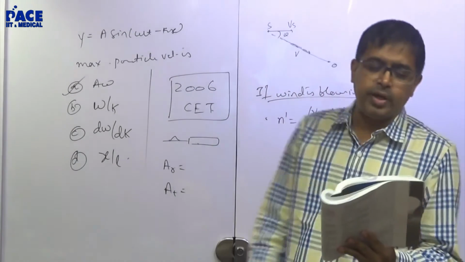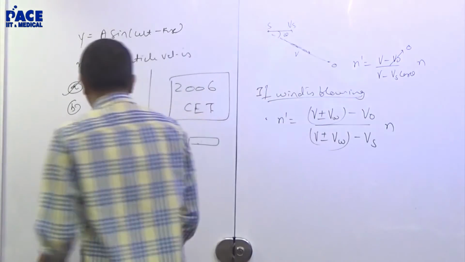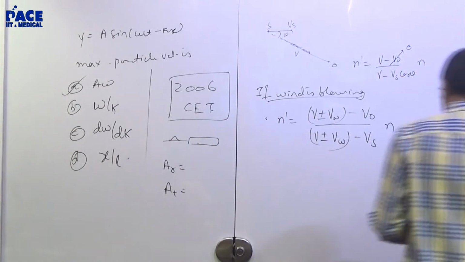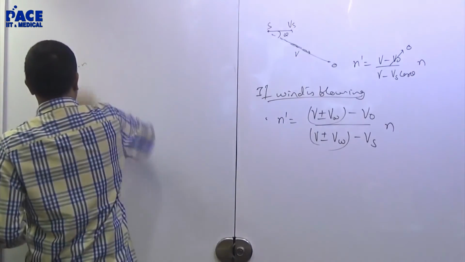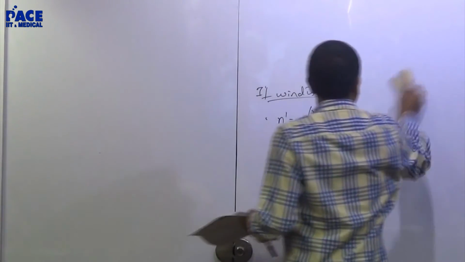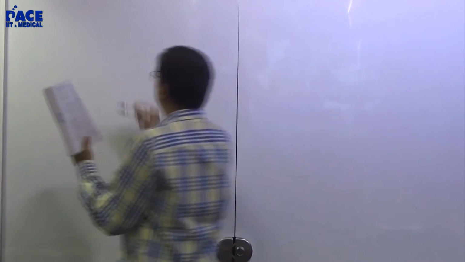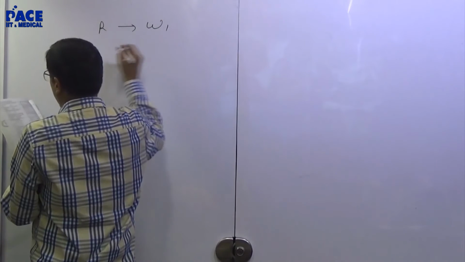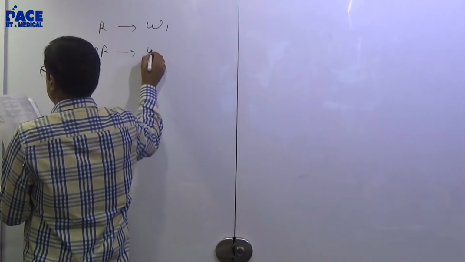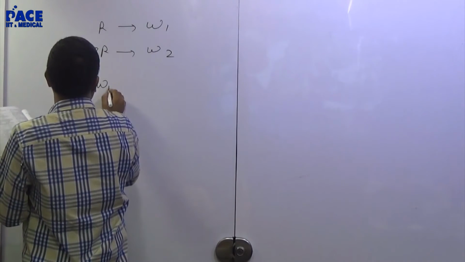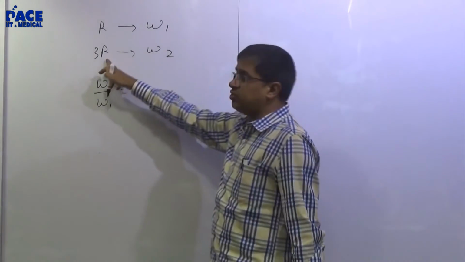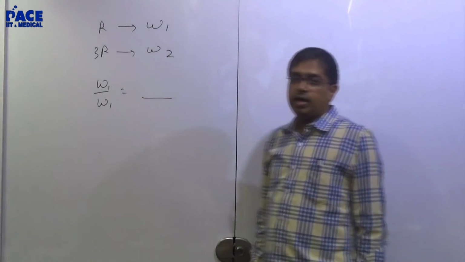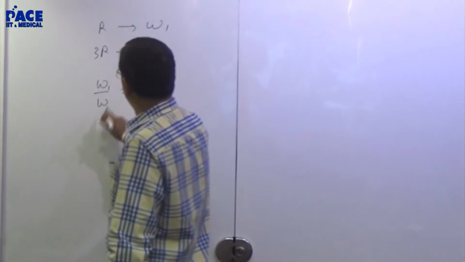Work done in forming a liquid drop of radius capital R is W1. And that of radius 3R is W2.